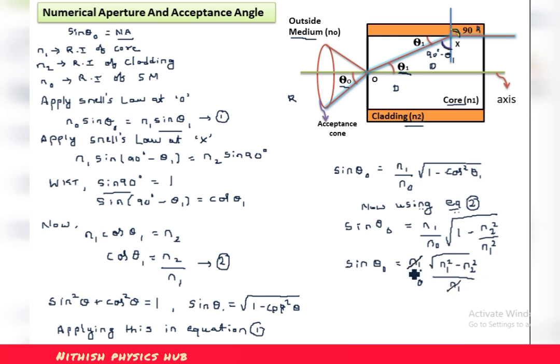According to this equation, sine theta naught is the sine of the acceptance angle, which is equal to the numerical aperture, as we discussed in the definition.